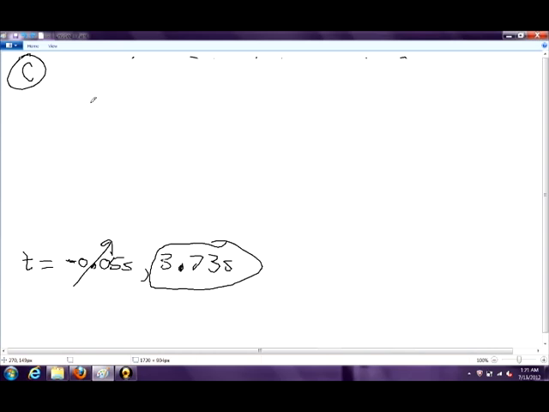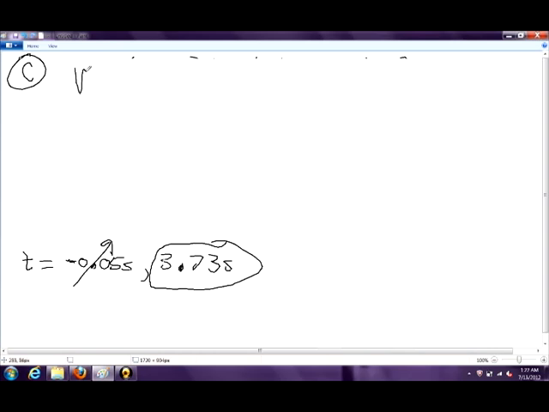All right, so now we plug that in. Remember that the component of velocity in the x direction is always 24 meters per second. That doesn't change. So we just have to calculate the component of the y velocity at 3.73 seconds.